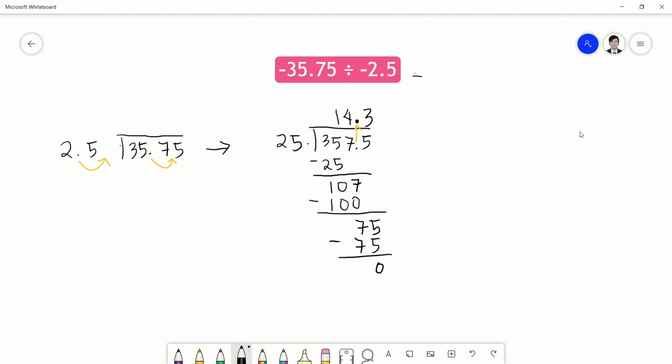So we have 14.3. Now we will deal with the signs. This is negative. This is also negative. Negative divided by negative is positive because they have the same sign. That means dividing a negative with a negative will turn out to be positive. And this is our final answer.